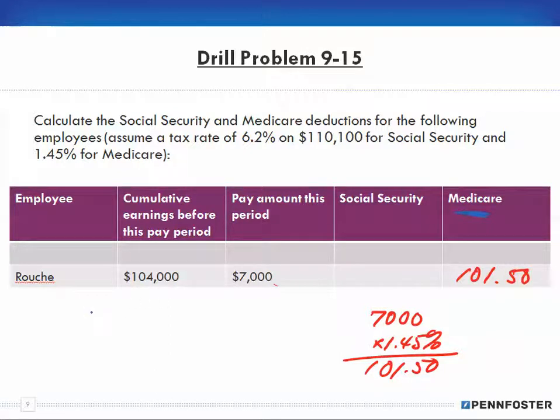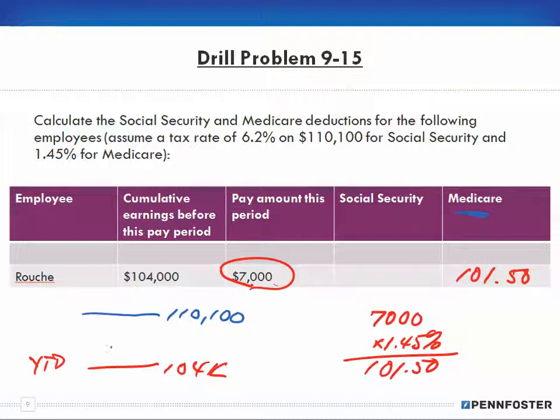Now, let's come back to Social Security. Social Security has that limit right here of $110,100. Okay, the cumulative earnings before this pay period, in other words, the year to date for this person, was here at 104,000. Now the person is going to earn an additional 7,000 more.